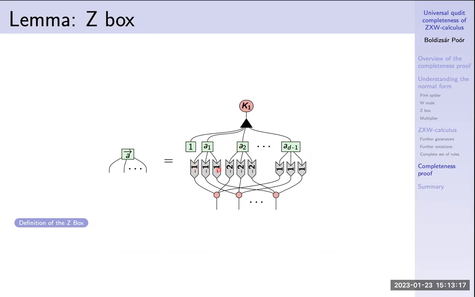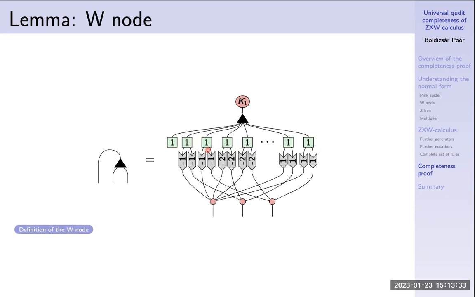So each of these connections represent that we have a1 times 1,1,1,1,1,1, then we have a2 times 2,2,2,2,2,2 as the basis states. And we can prove this. Then we have the W node bent into a state diagram. And this normal form represents the matrix that corresponds to the W node.